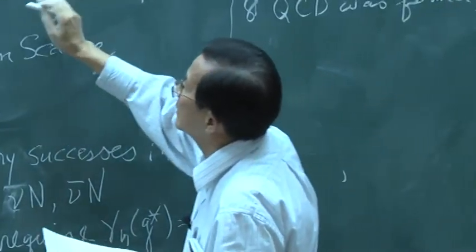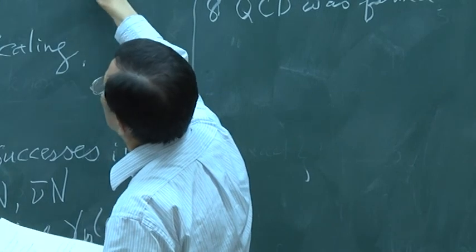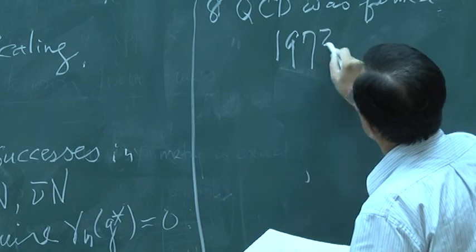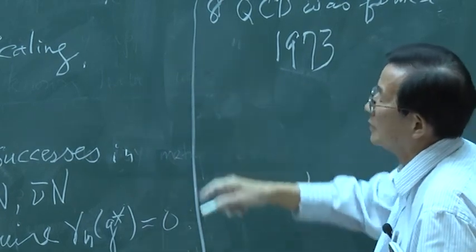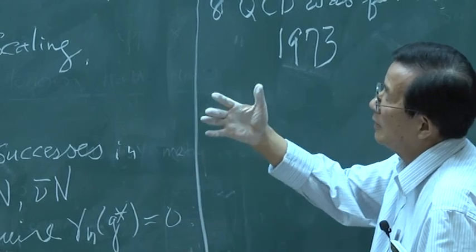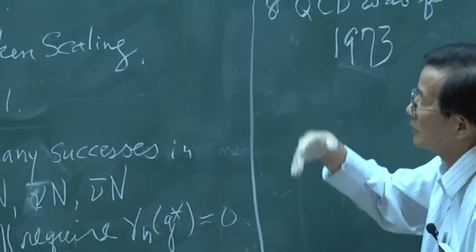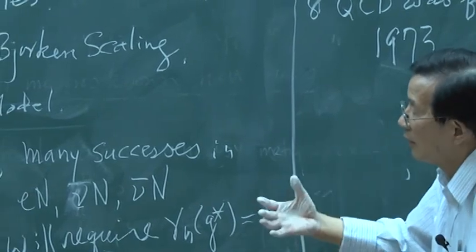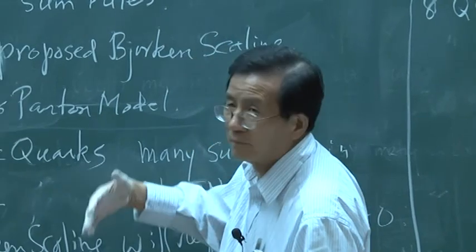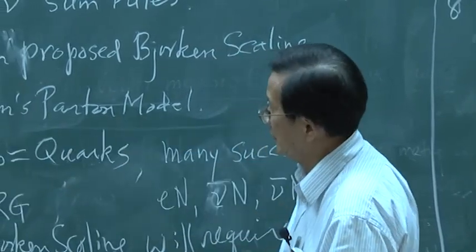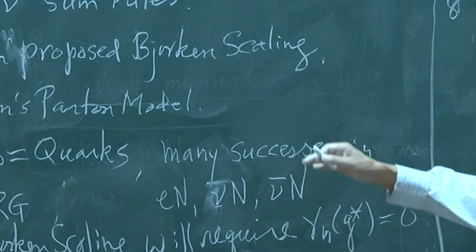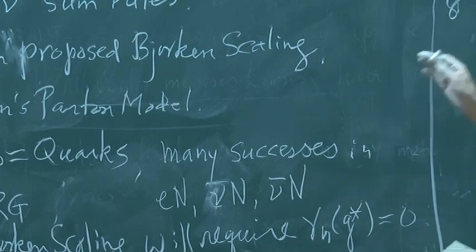Now, I don't remember exactly, but I think this is in 1964. And then here in 1973. So in less than 10 years, if you look at this list, not only the theorists, but also experimentalists collaborated together, making each step possible. So it's a fantastic time period to do particle physics during these 10 years.